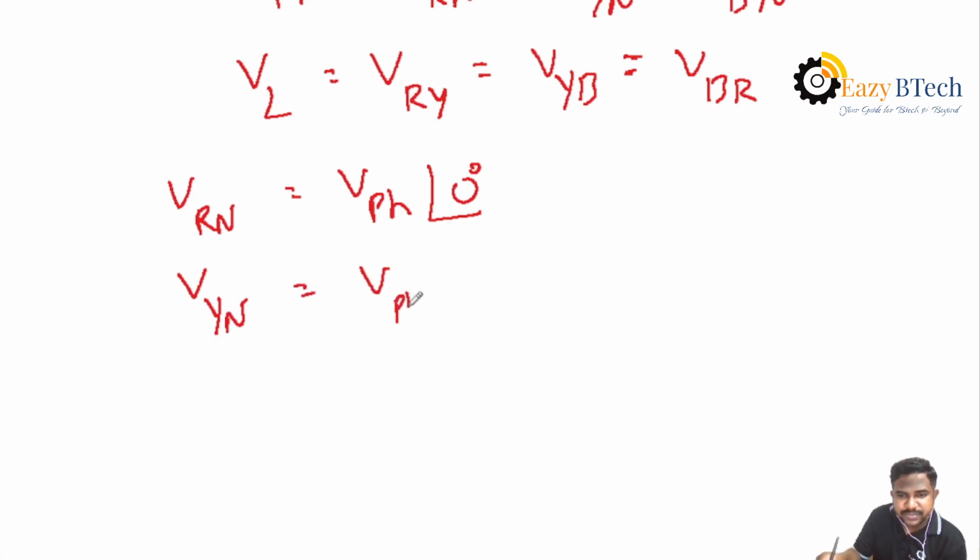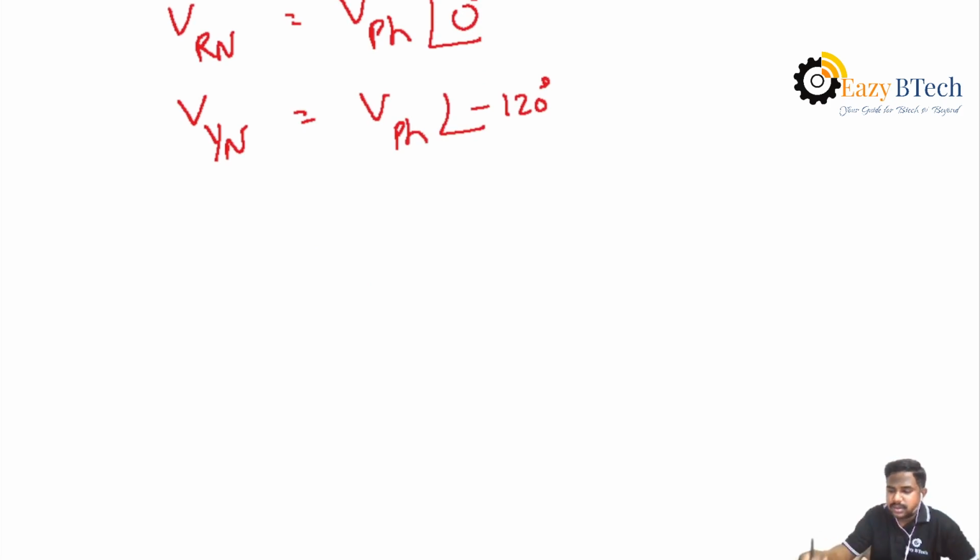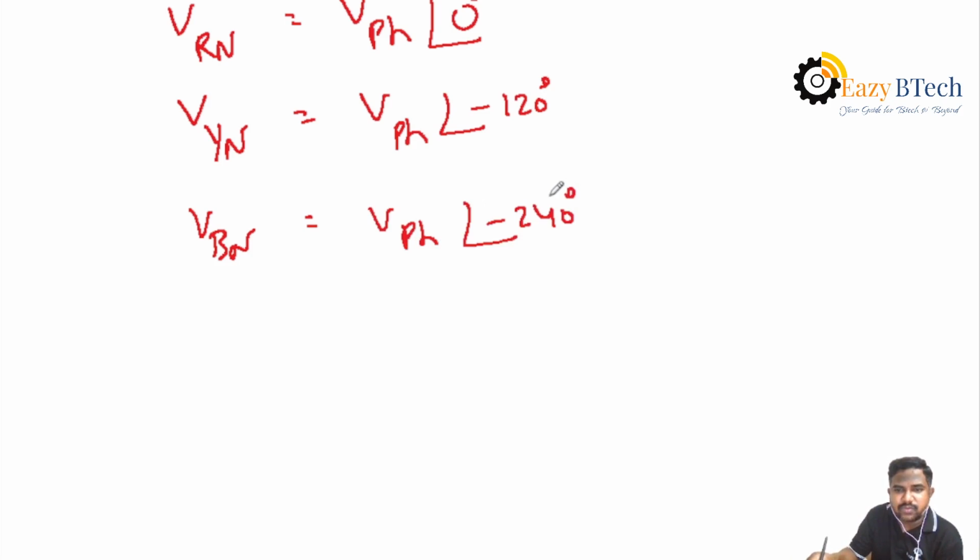That is Vph at an angle of minus 120 degrees. Hence, the third voltage VBN is Vph at an angle of minus 240 degrees. So these are the phase voltages, each displaced by 120 degrees from the other.